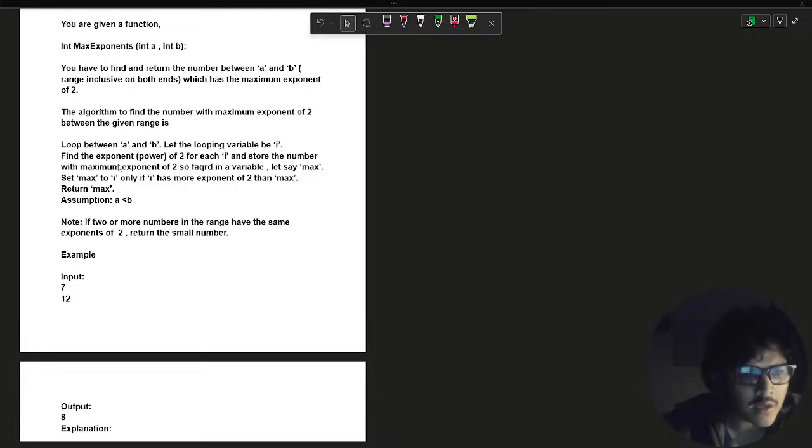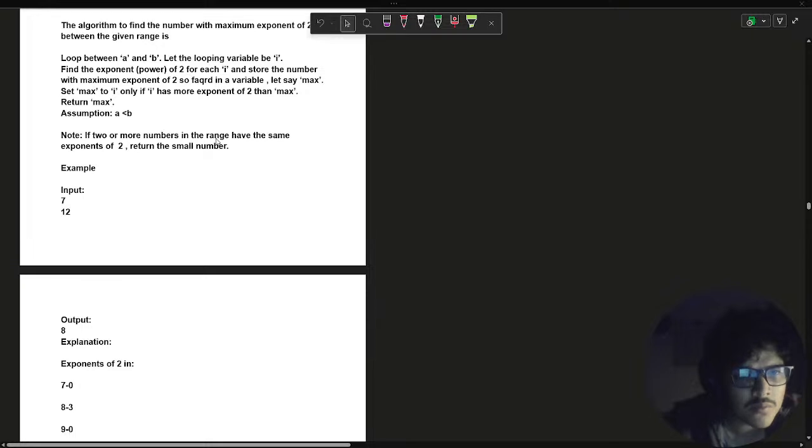Assumption A is smaller than B. If two or more numbers in the range have the same exponent of 2, what does it mean by saying two or more numbers in the range have the same exponents of 2?